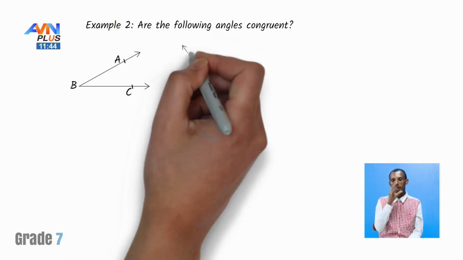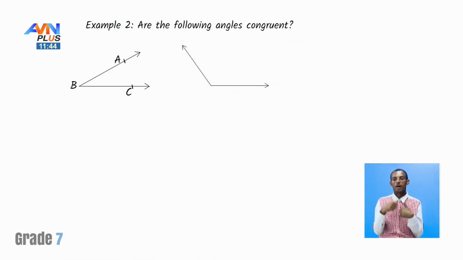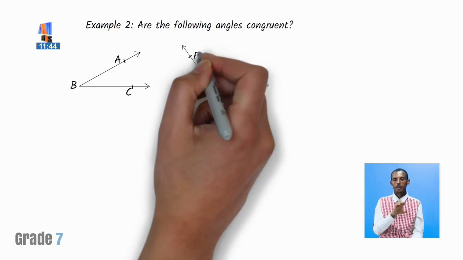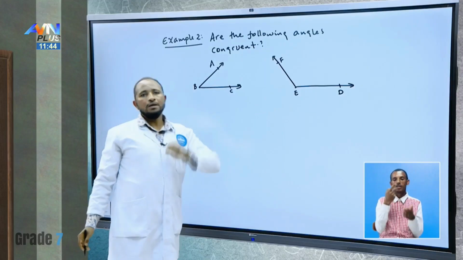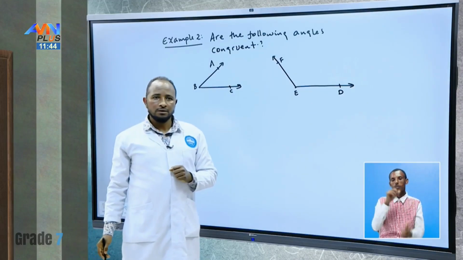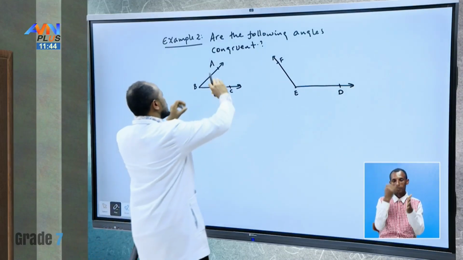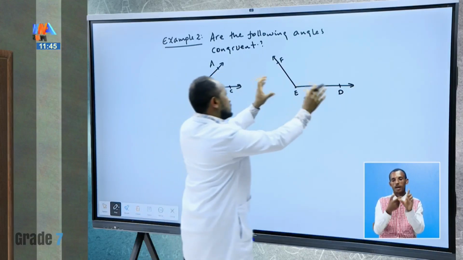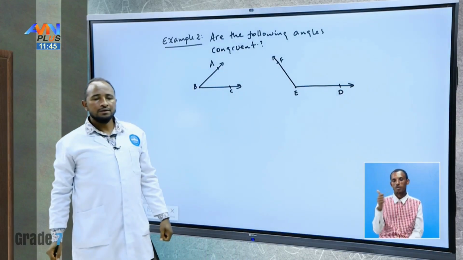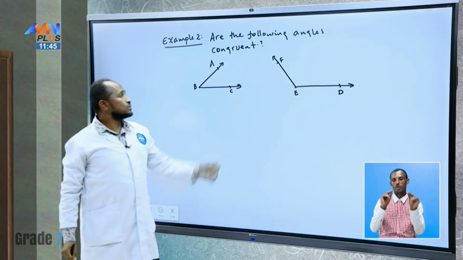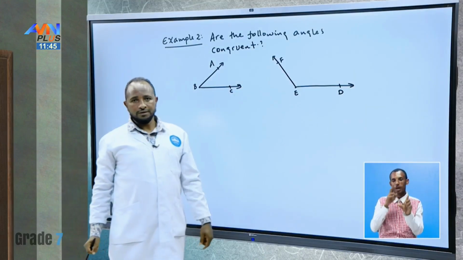And here you have another angle DEF. Are these two angles congruent? That means if you move this angle and put it on this one, does it fit on this angle? No. These two angles are not congruent.